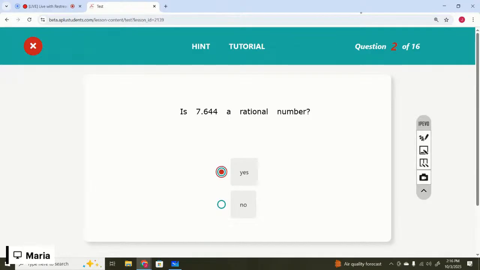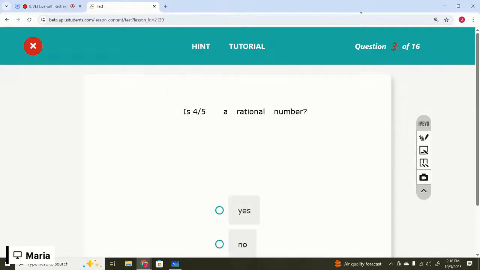Yes, it is a rational number. Option number 1 is the correct option. Is 4 by 5 a rational number?